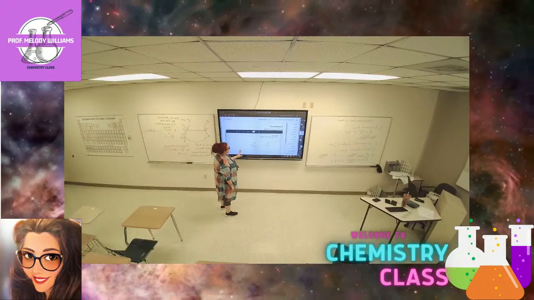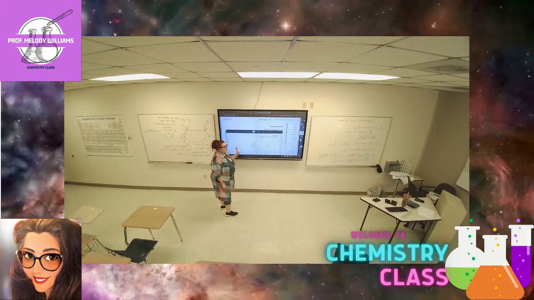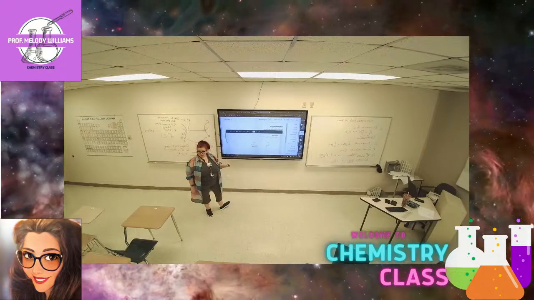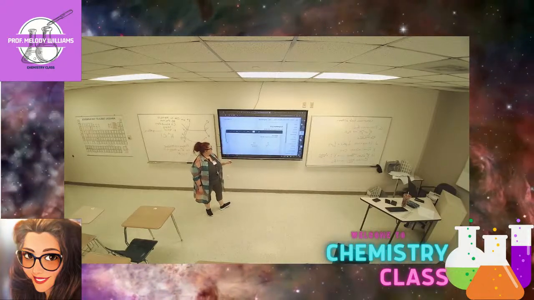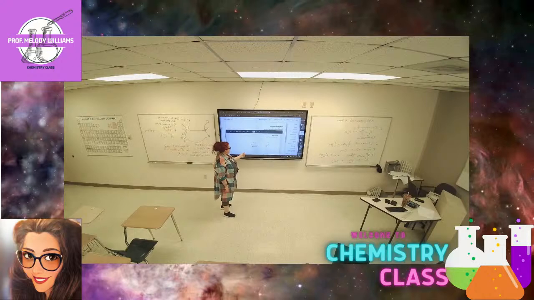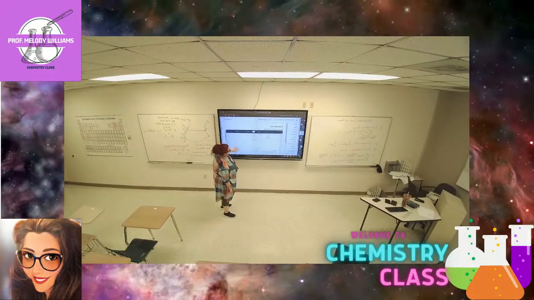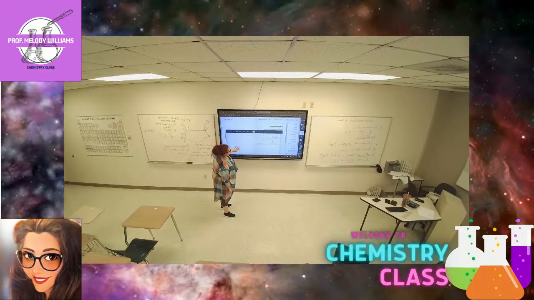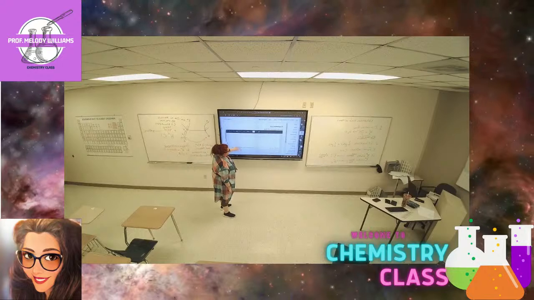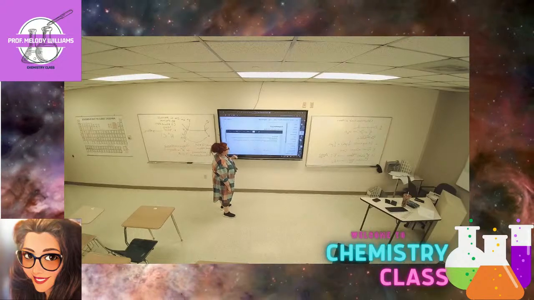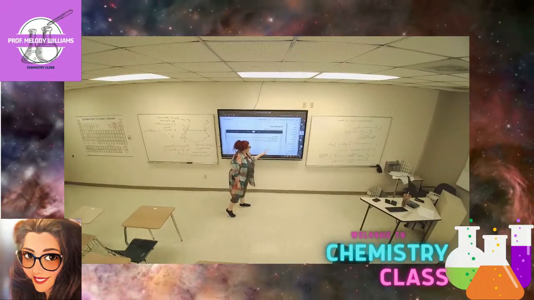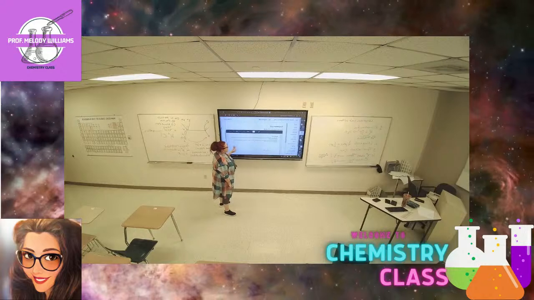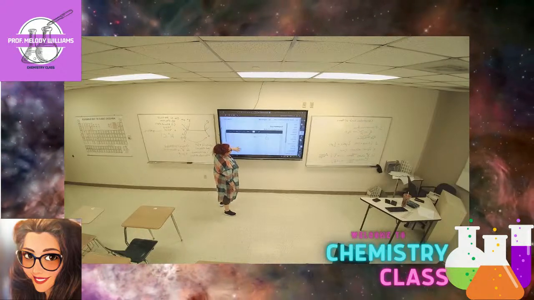So start paying attention to whether something would be a substitution or an elimination. Now here I'm thinking probably dehydration. So when you're looking at this, start paying attention to where the electrons are going. When does this stop?